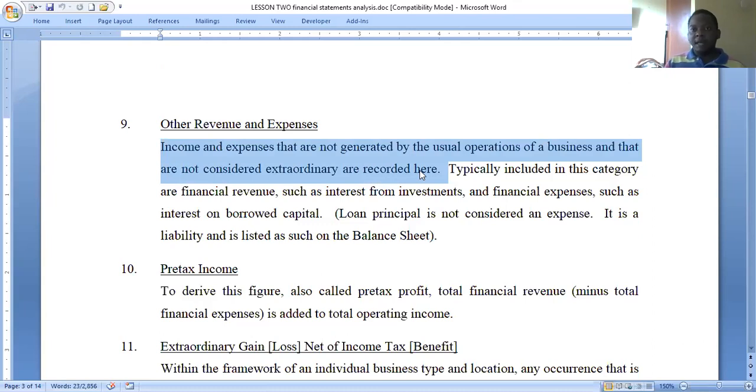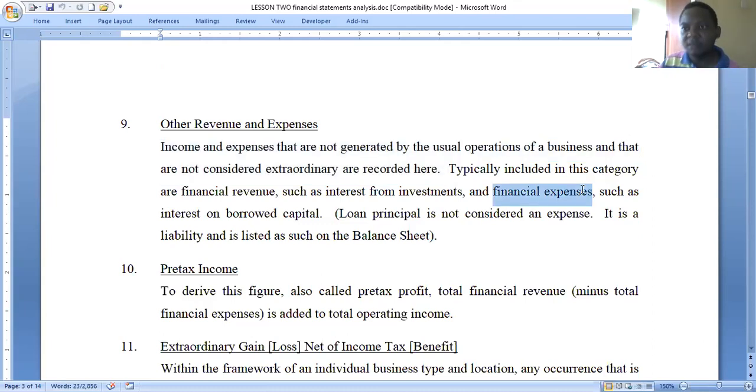Yeah, a good example of another expense is financial expense, interest expense. So assuming this is a business that produces chairs, in the furniture industry, the furniture industry is quite different from the banking industry.